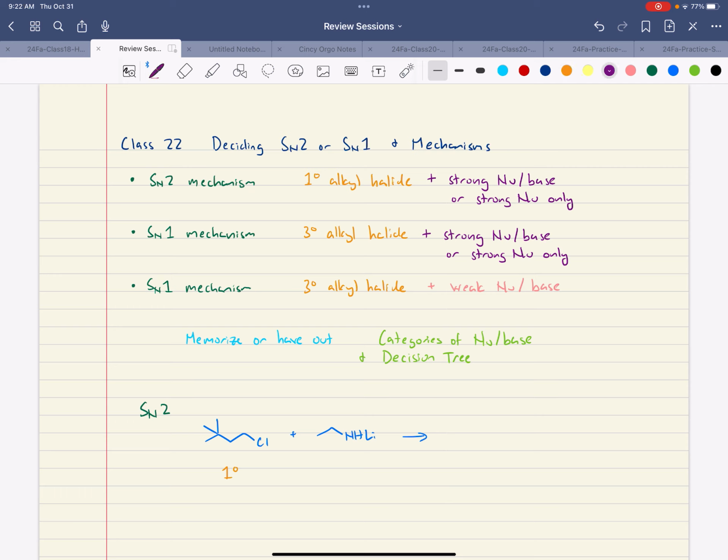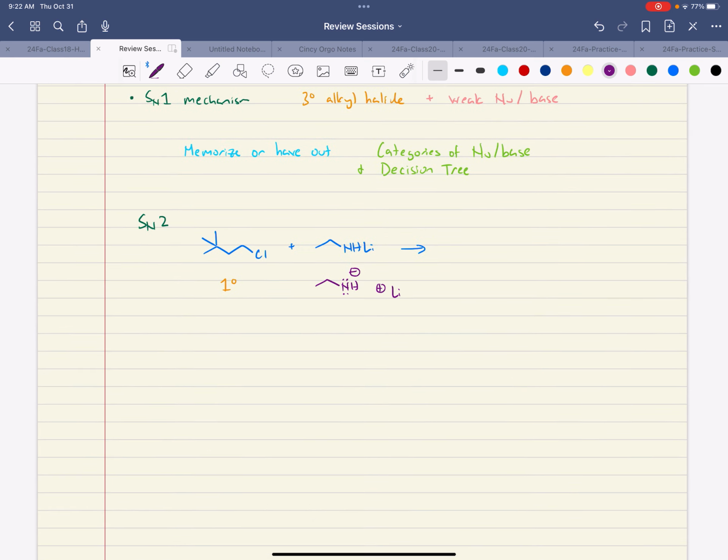And then you want to figure out the type of nucleophile or base. This molecule splits up into its ionic pieces. And we have an N minus; these molecules have a nitrogen with 2 lone pairs and 2 bonds. Your cation is lithium, but that's not important.